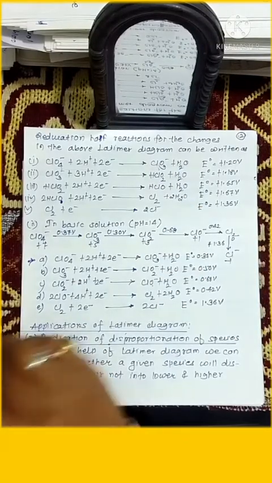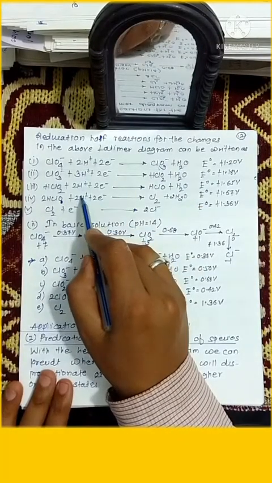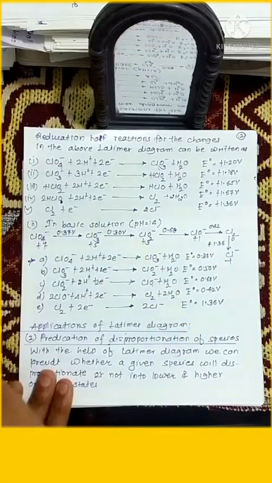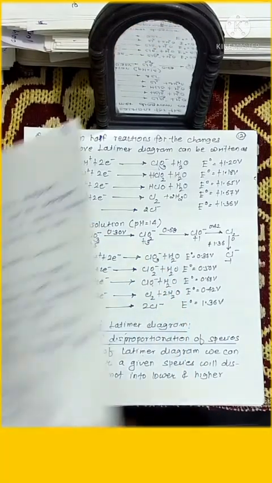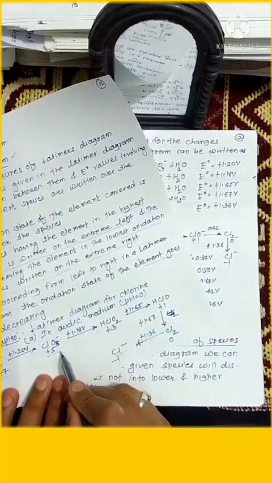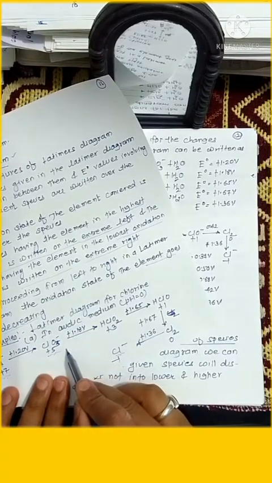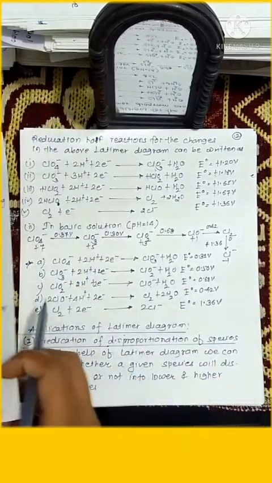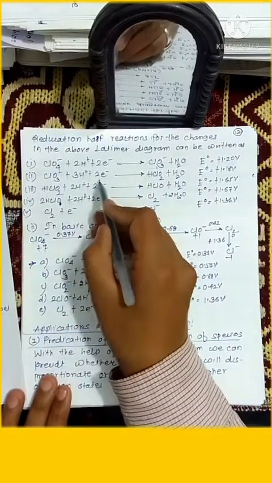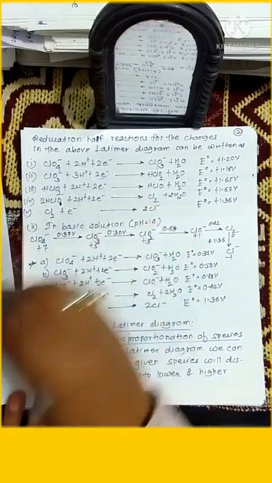In similar fashion we can write the following reactions. So +5 to +3 oxidation state means a gain of 2 electrons. So gain of 2 electrons is written here.